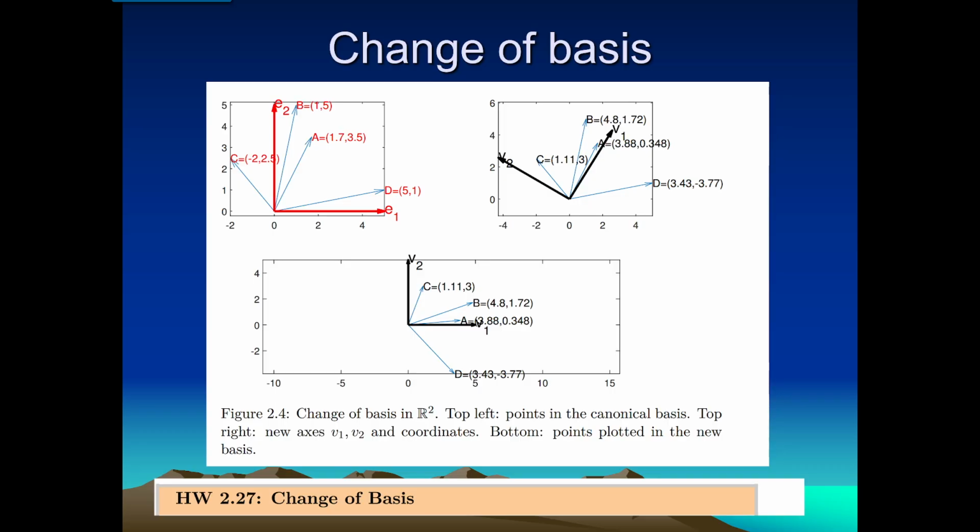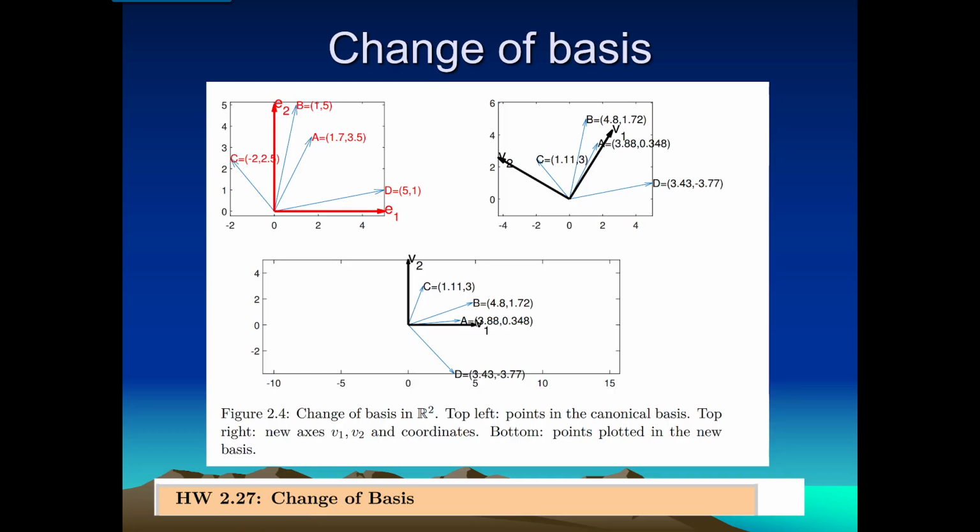Now, an important thing is to understand how to change the basis. For example, you see these are the Cartesian axes that we are used to seeing, E1, E2, the canonical ones. And these are the coordinates, 1.7, 3.5. Now, because we are used to these Cartesian axes, but the axes could be the black ones.